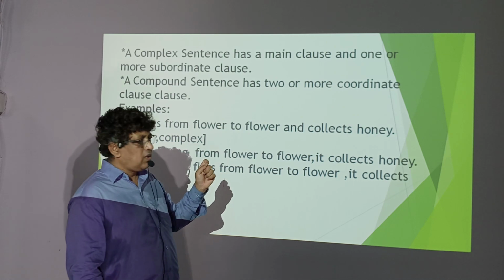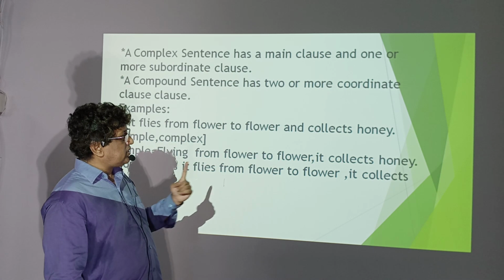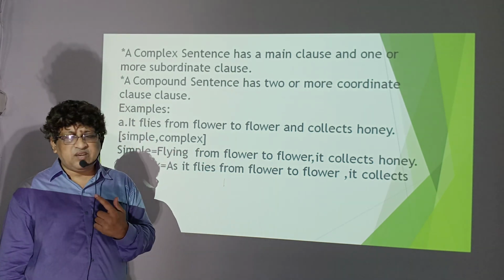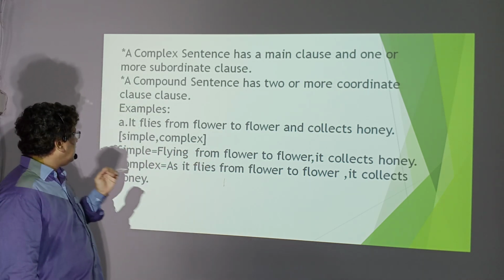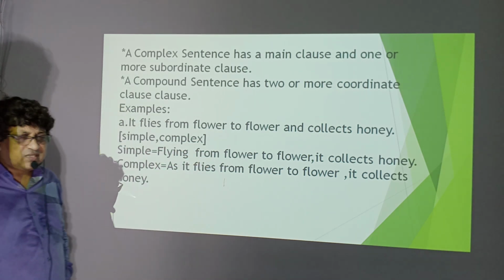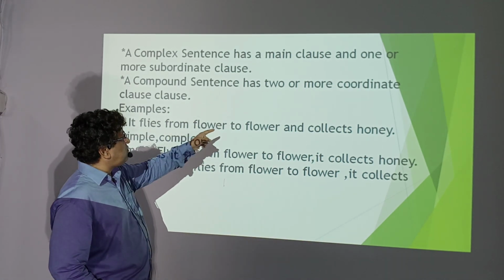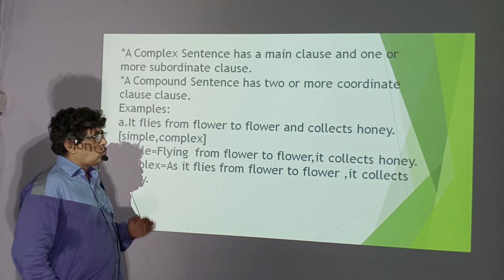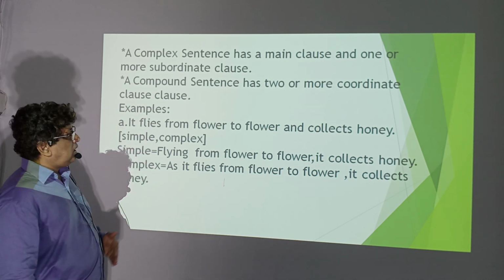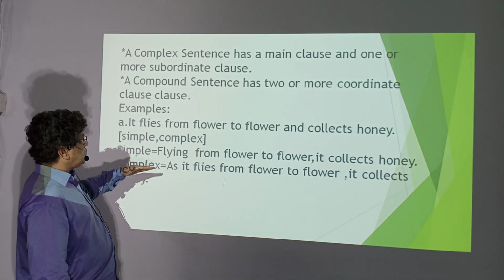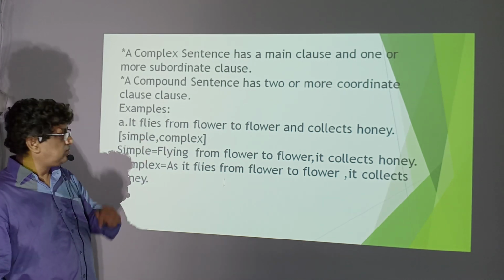Then we will use the requirement for one single subject, that is it. Then one main verb, that is collects, and it collects honey. So the pattern of simple sentence is complete, because it flies from flower to flower is a coordinate clause which has been transformed into a group of words which is not a clause.